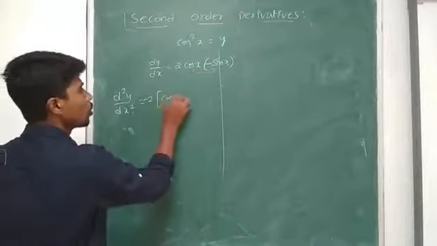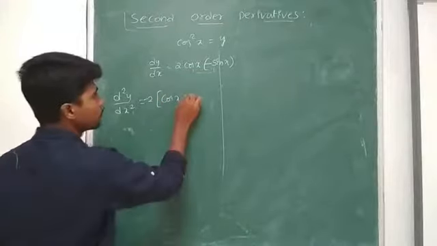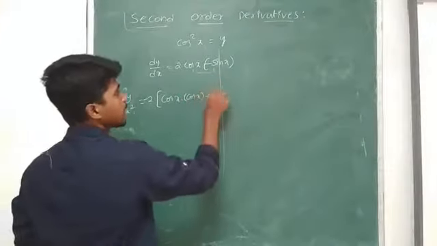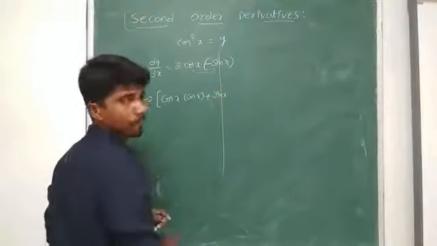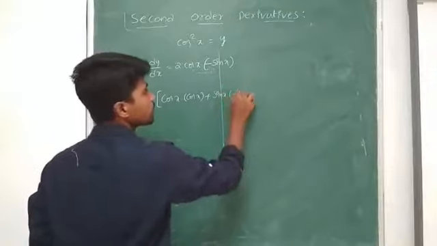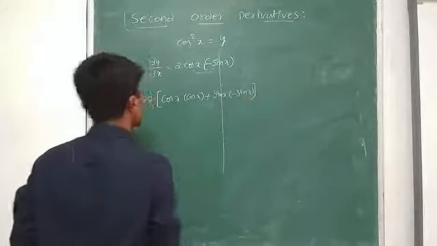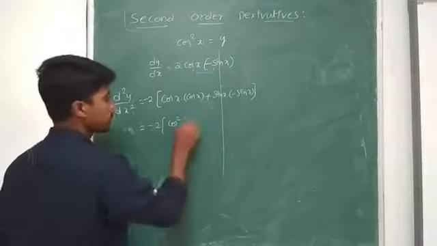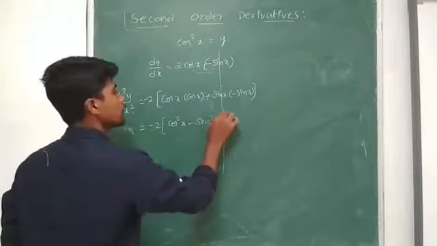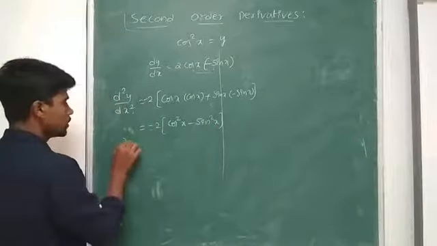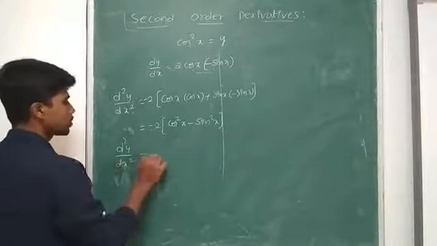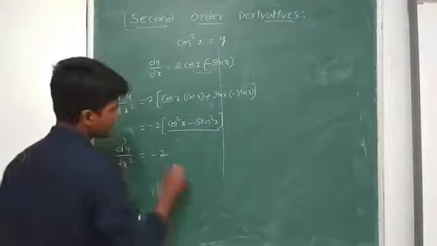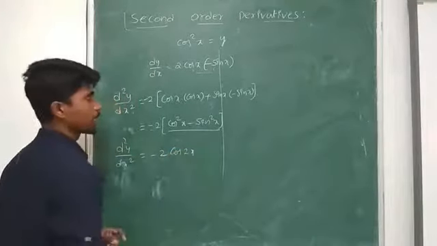So cos x into the derivative of sin x, cos x, plus sin x into the derivative of cos x, minus sin x. So what I get: minus 2 into cos square x minus sin square x. Now d2y by dx square is equal to minus 2 into cos square x minus sin square x, which is cos 2x.